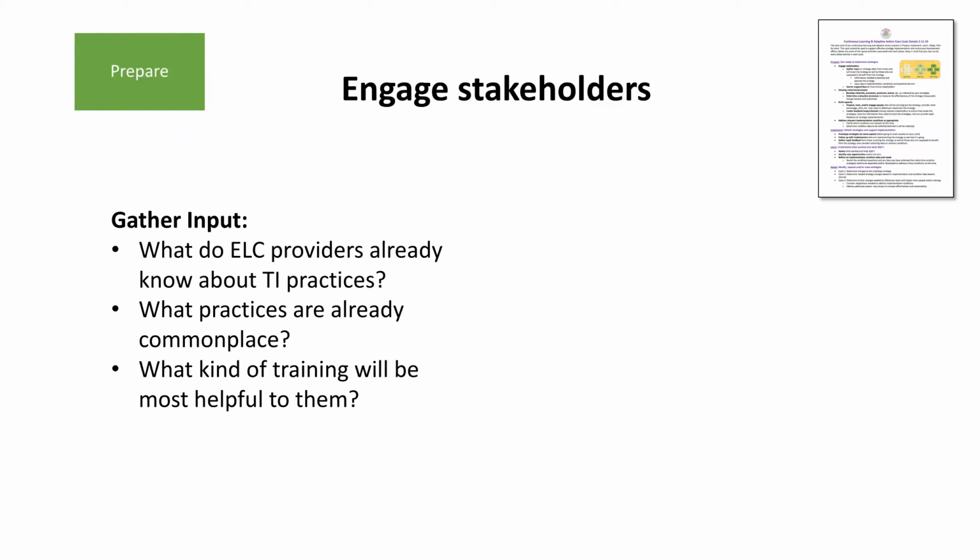You may have questions like, what do early learning and care providers already know about trauma-informed practices? What practices are already commonplace that we don't necessarily need to train on, but just reference? What kind of training will be most helpful to them?